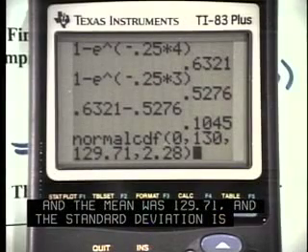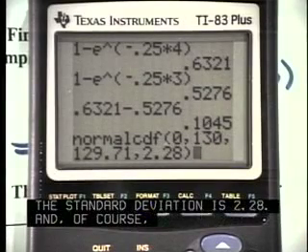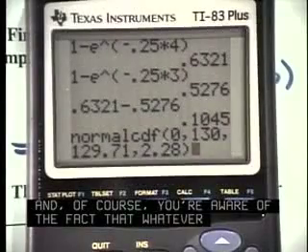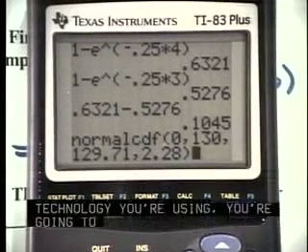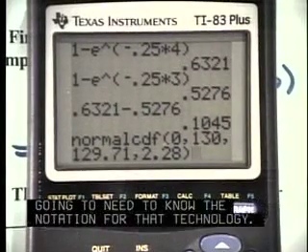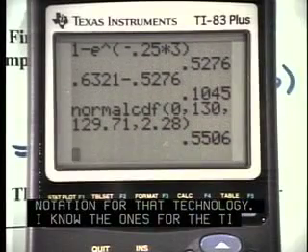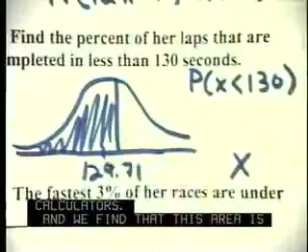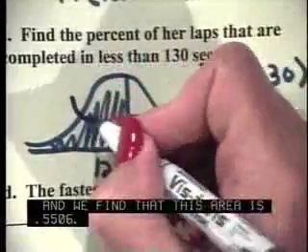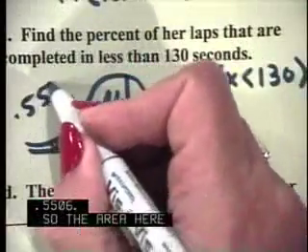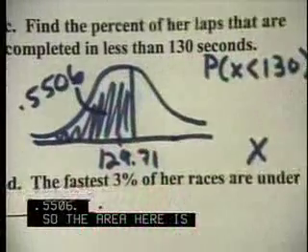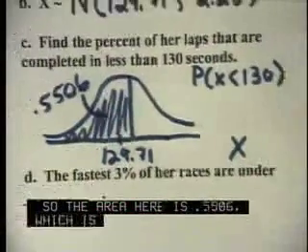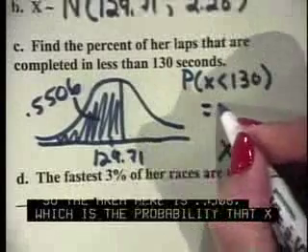And of course, whatever technology you're using, you're going to need to know the notation for that technology. I know the ones for the TI calculators. And we find that this area is 0.5506, which is the probability that x will be less than 130.